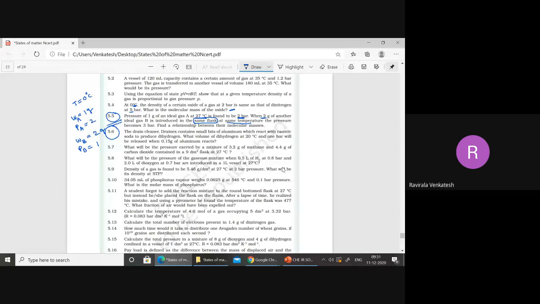What volume of dihydrogen at 20 degrees Celsius and 1 bar will be released when 1.15 grams of aluminium reacts? So first of all, they're asking how much hydrogen will be released when the aluminium reacts with caustic soda at a temperature of 20 degrees Celsius.